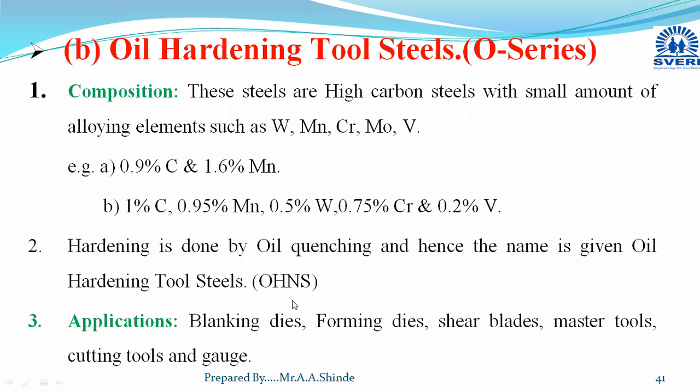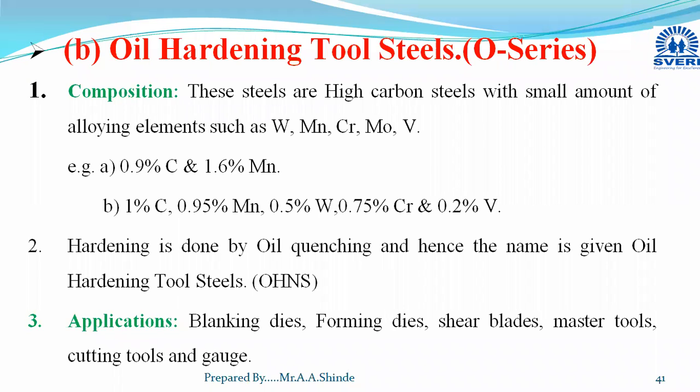Hence, these steels are also termed as oil hardening non-shrinkage tool steels, which I have written in brackets here as OHNS. Why are these termed as non-shrinkage tool steels? Because distortion is very less.